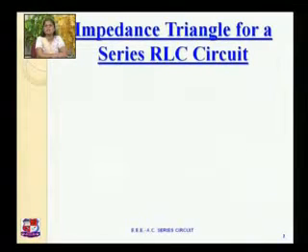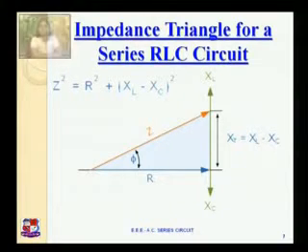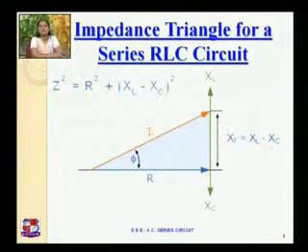Now, the impedance triangle for a series RLC circuit. The equation of impedance we already derived: Z square is equal to R square plus (XL minus XC) whole square. And if you have to draw the impedance triangle for an RLC series circuit, it is like this.